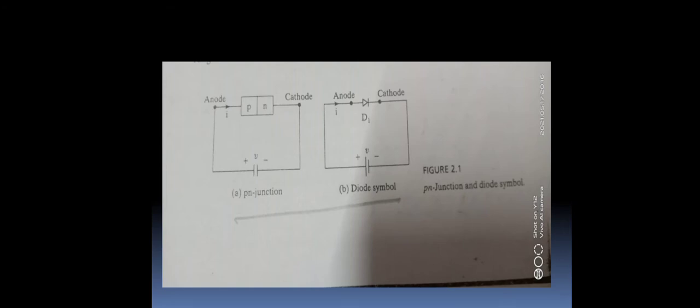N is an empirical constant, known as the emission coefficient or the ideality factor of the diode. It depends on the material and physical construction of the diode, germanium or silicon. For most practical silicon diodes, the value of N is in the range of 1.1 to 1.8.